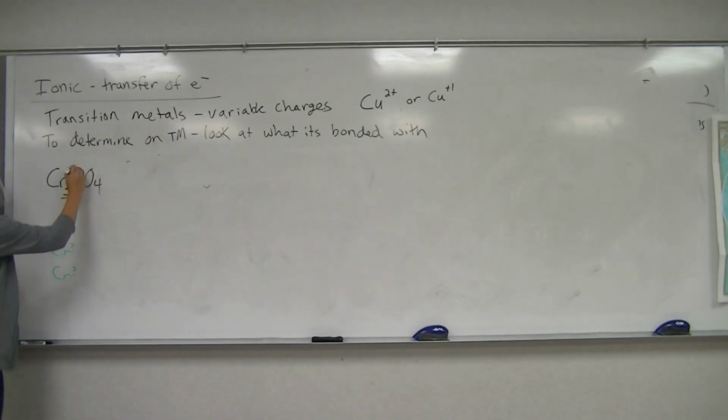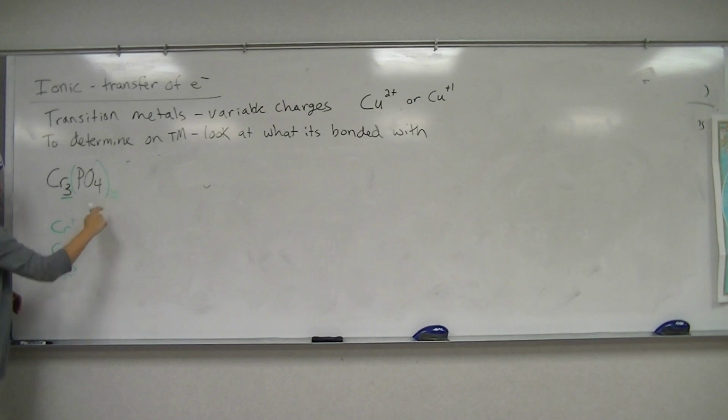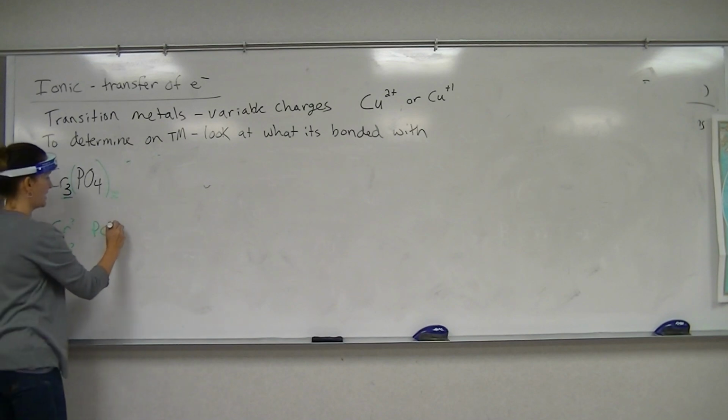And it's bonded with this polyatomic, PO4. There's only one of them. Okay? So for PO4, I look at the polyatomic table and figure out what is the charge on PO4. -3.